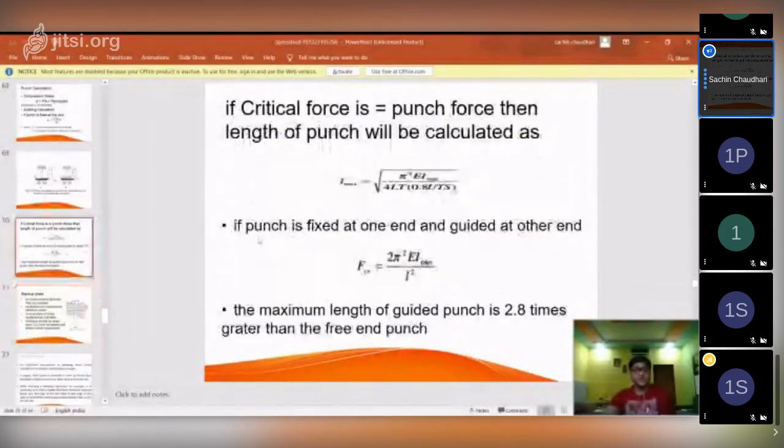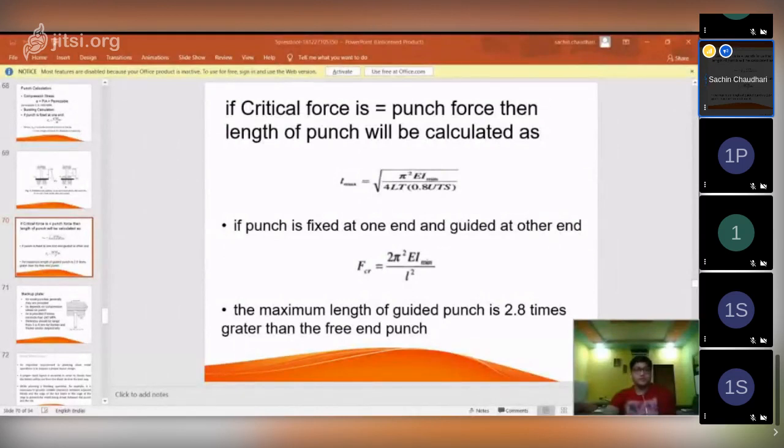In the next case, if the punch is fixed at one end and guided at the other end, then the critical force you can calculate with this formula: 2 pi minimum by L square. Generally the maximum length of a guided punch is 2.8 times greater than the free end punch.